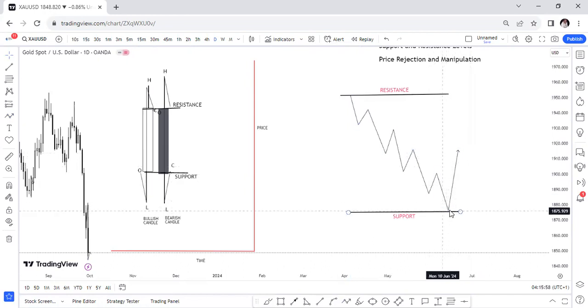So this particular place where it bounces off this level, this is what we call price rejection. That means sellers reject the lower price.